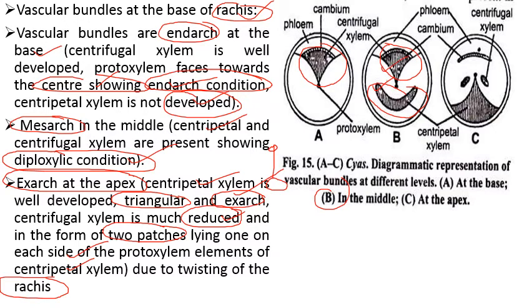While in case of the apex region, the centrifugal xylem is poorly developed and present in the form of two patches, and the centripetal xylem is well developed. So this is the arrangement of vascular bundles which varies in Cycas rachis from base to the apex of Cycas rachis.